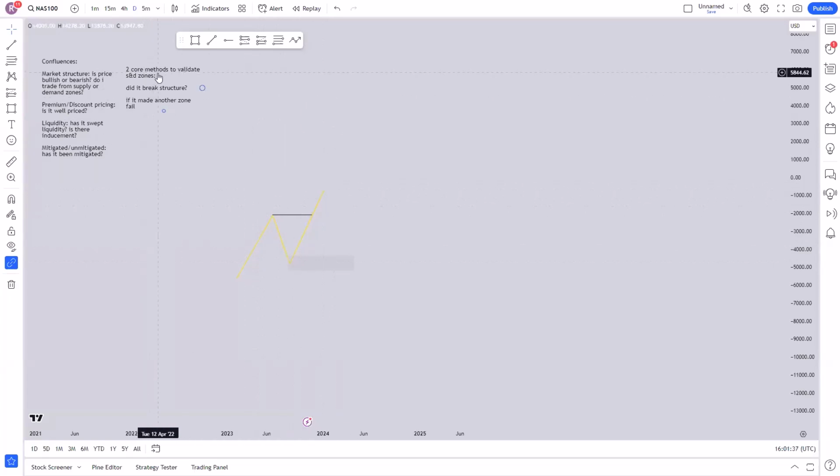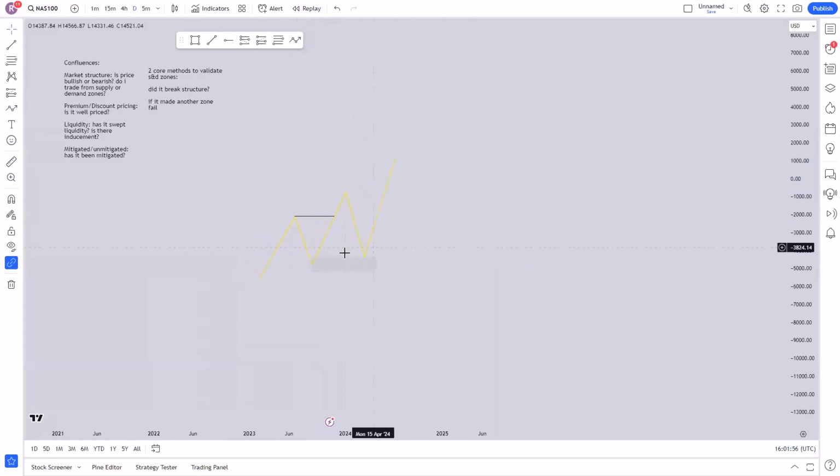Okay. So that's one of the core methods we use to validate a supply and demand zone, because now we know that there's money within here because it caused the break of structure. So now when price retests that, we can be sure to enter in long. And this is why I say market structure is such a key thing to learn, okay? Because look, market structure wise, we've got this low, made a high, we've pulled back, made a new high.